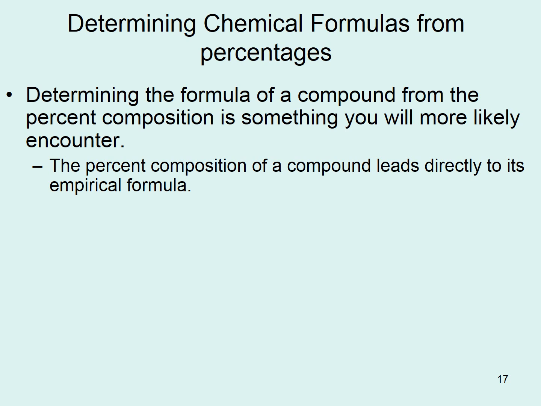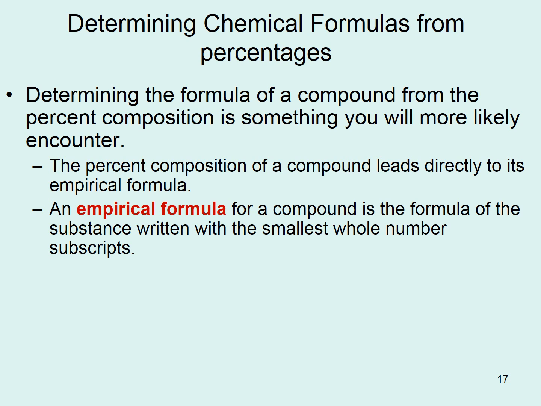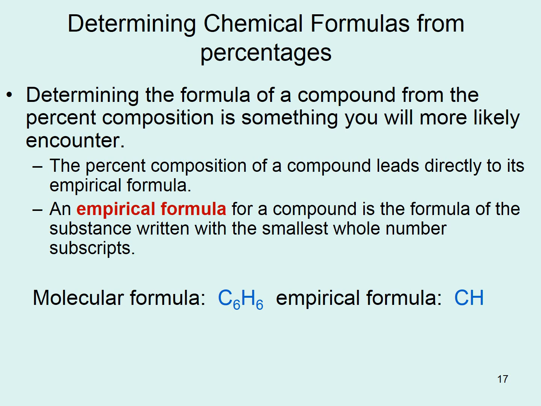The percent composition leads to what is called the empirical formula. First let's define that. An empirical formula for a compound is the formula of the substance with the smallest whole number subscripts. In other words, the molecular formula C6H6 would have an empirical formula of CH.